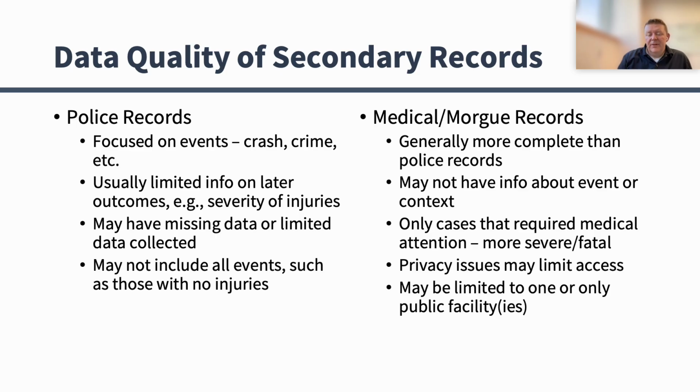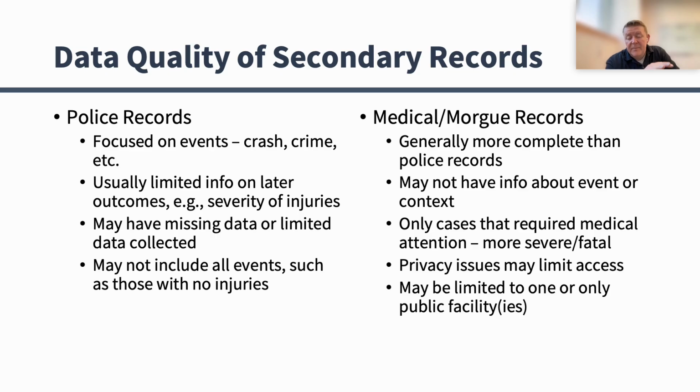Police records also aren't often linked to later outcomes, particularly in low to middle income countries. So we might have very limited information on what happens to someone later. We might know that a crash happened at a specific location, but we don't necessarily know if it was fatal later on.